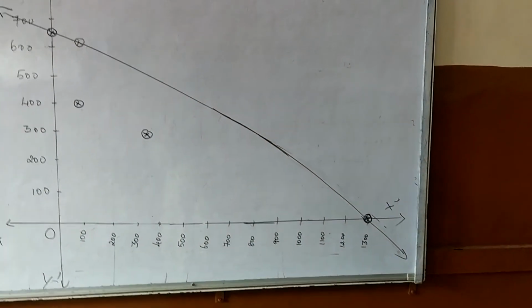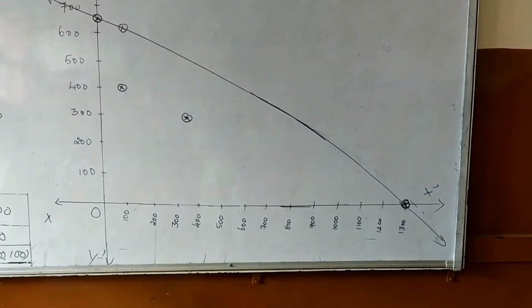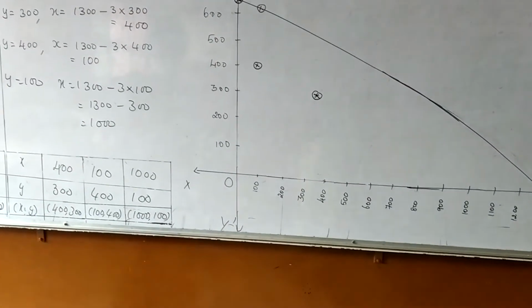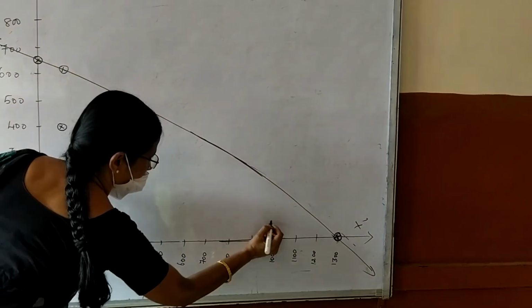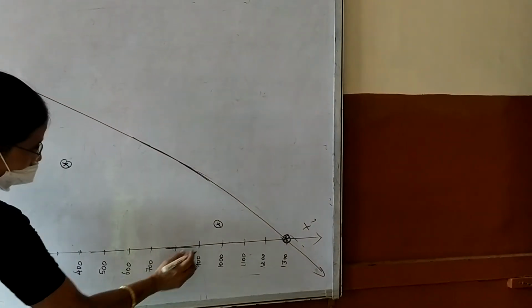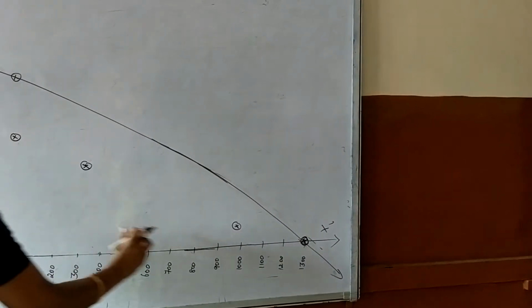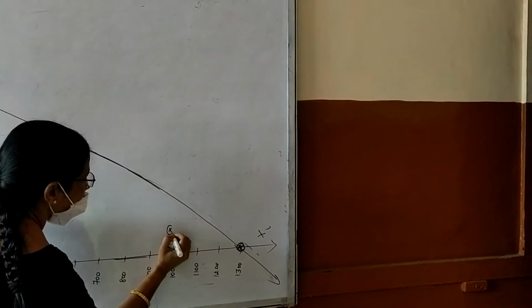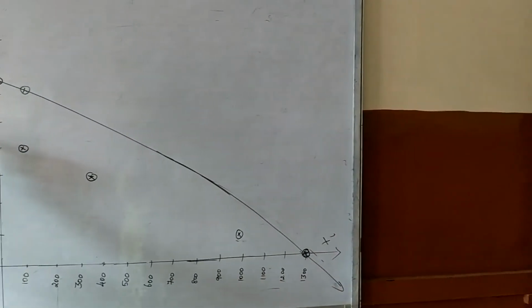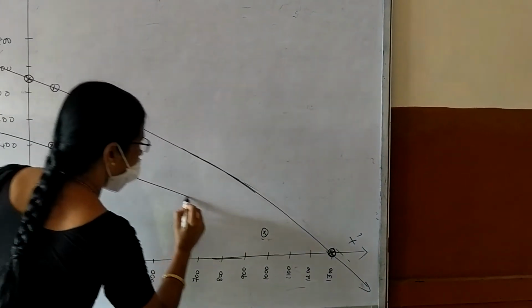Next is x is 1000 and y is 100. Draw the second line also.